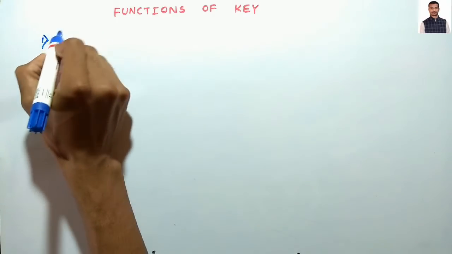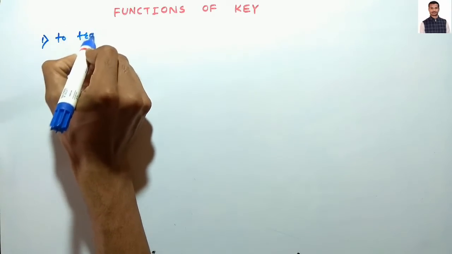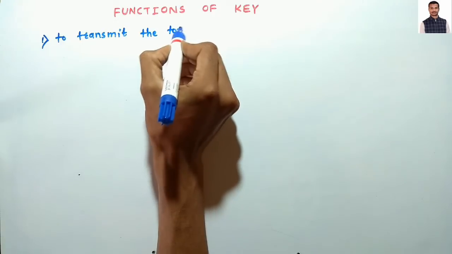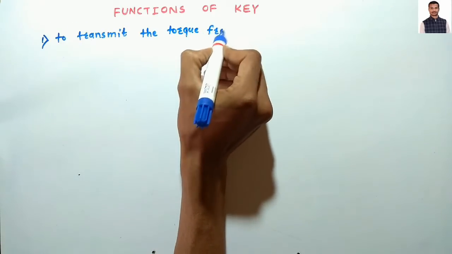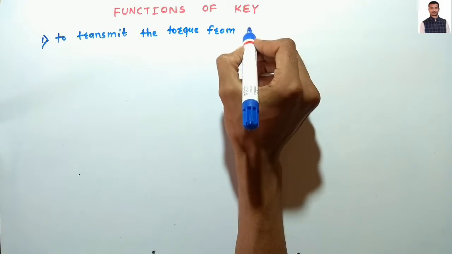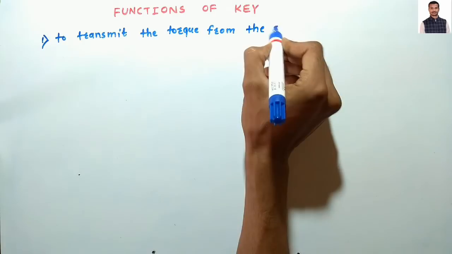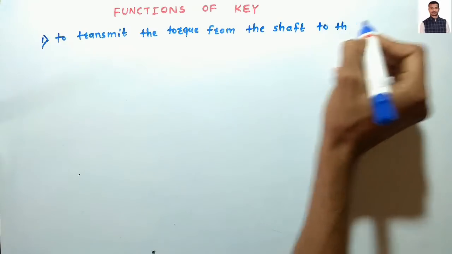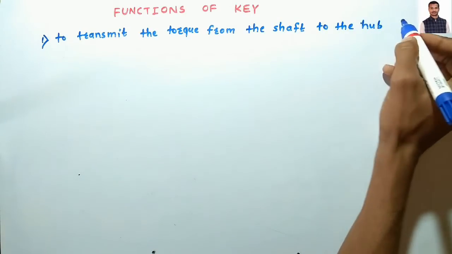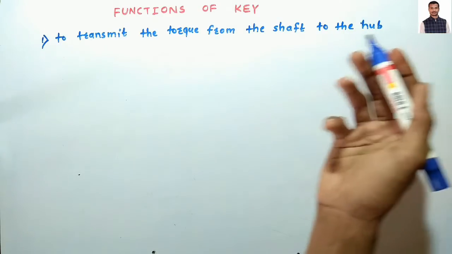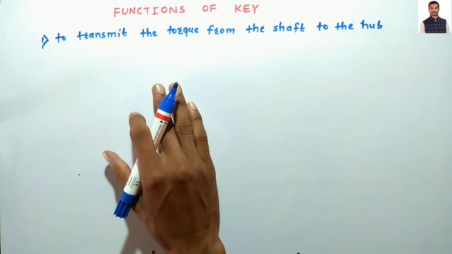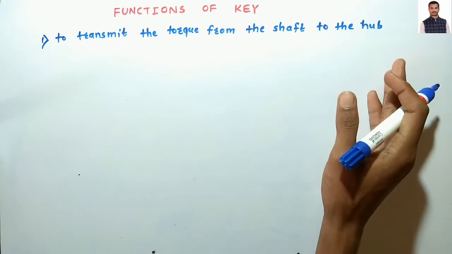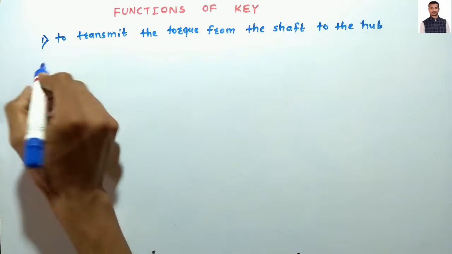So first function of key is to transmit the torque from the shaft to the hub of the mating element and vice versa, that is from hub to the shaft. This is the first function.